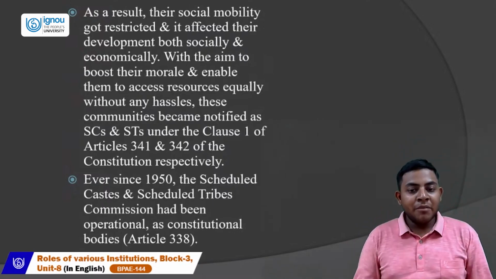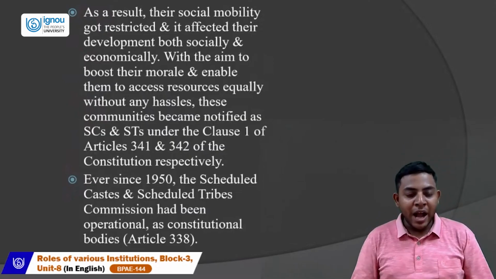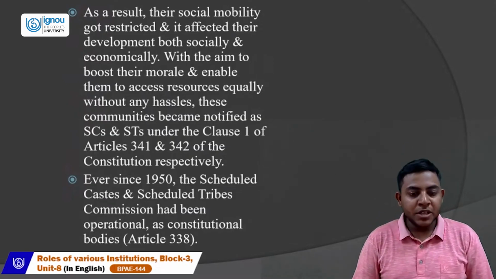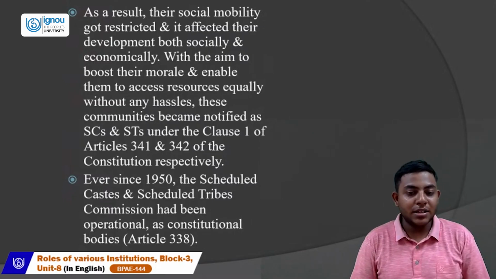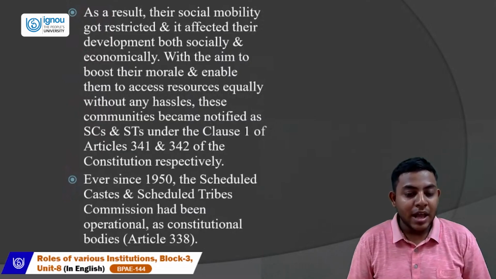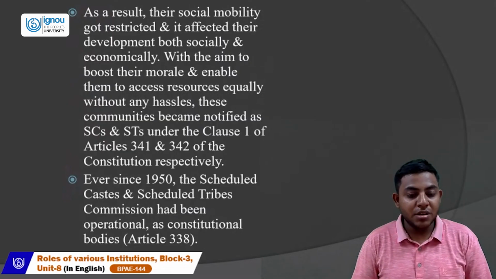These communities became unified as the Scheduled Castes and the Scheduled Tribes under clause 1 of Article 341 and Article 342 of the Constitution respectively. Ever since 1950, the Scheduled Castes and Scheduled Tribes Commission had been operational as a constitutional body under Article 338.